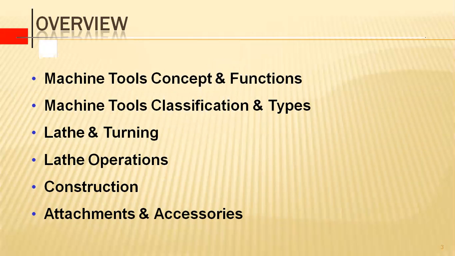From the syllabus point of view, we'll be discussing in this chronological order. Initially, machine tools, their concepts and functions that will be categorized in the working process, and the machine tools classification and types.